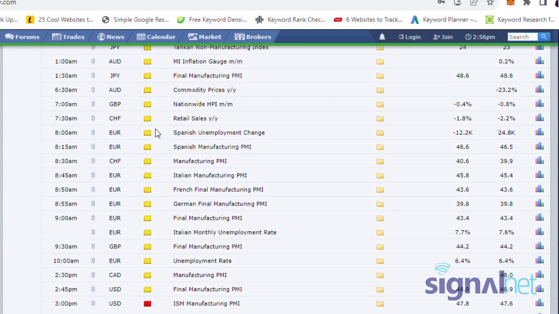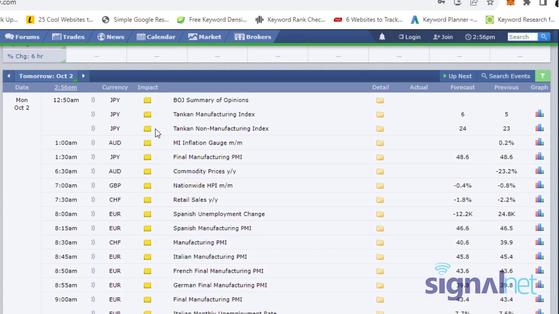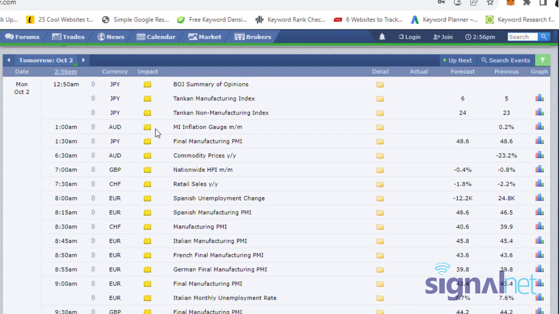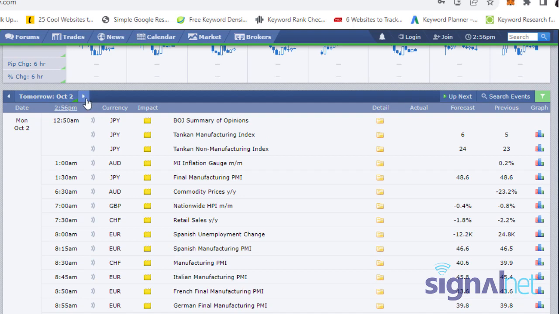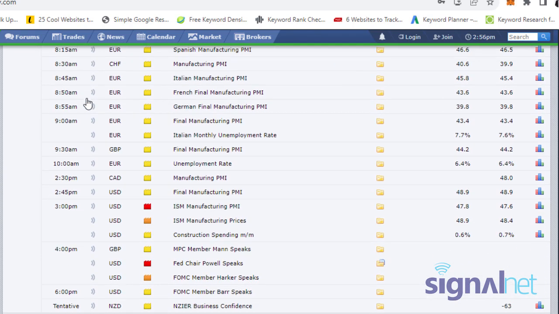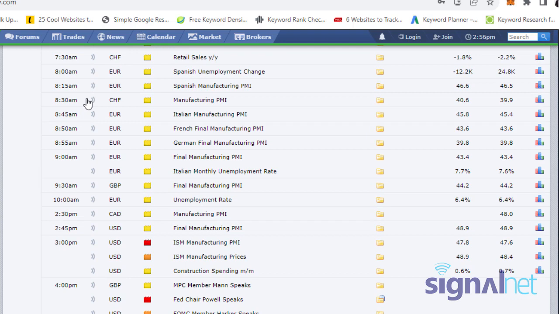But you can expect a lot of movement in the market tomorrow, or rather, a lot of volatility in the market tomorrow because we have a lot of news, especially in the morning time. Then, even in the afternoon time, we have some news.